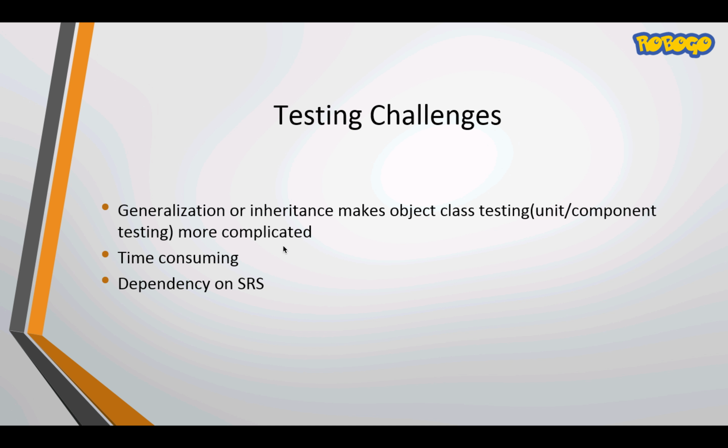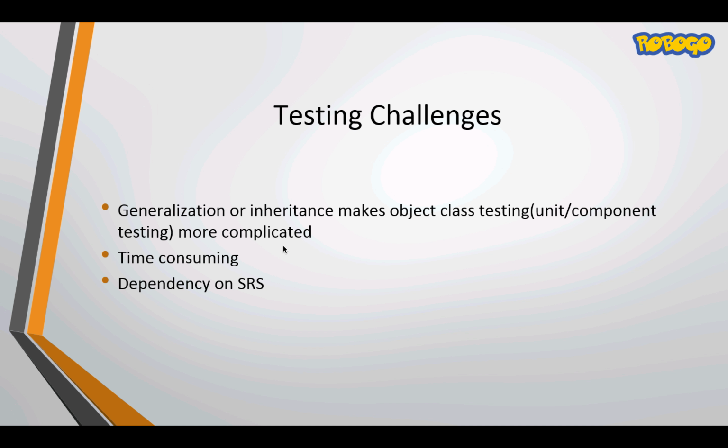Testing challenges. Generalization or inheritance makes object class testing, whether it be unit or component testing, more complicated. We cannot simply test an operation in the class where it is defined and assume that it will work as expected in the subclasses that inherit the operation.